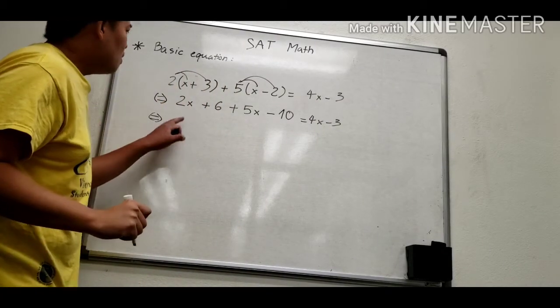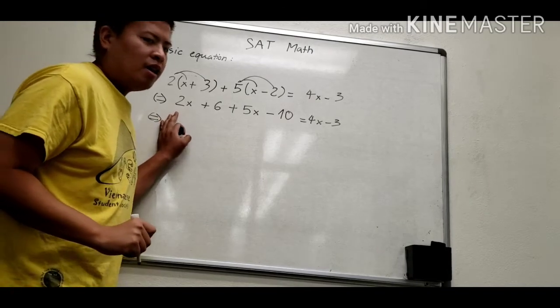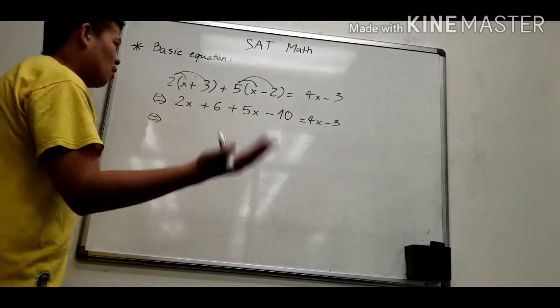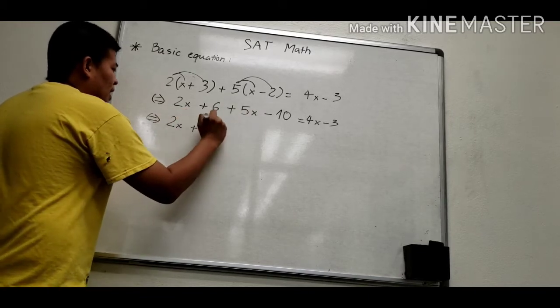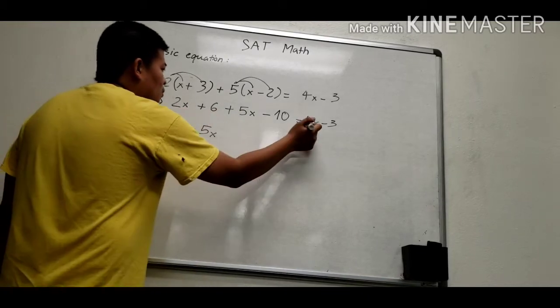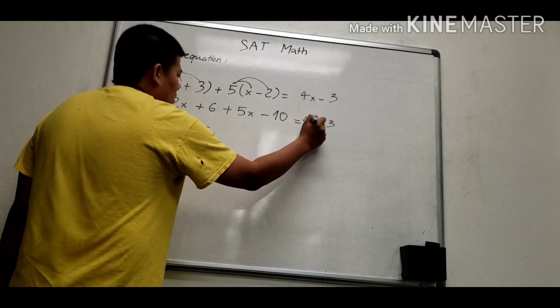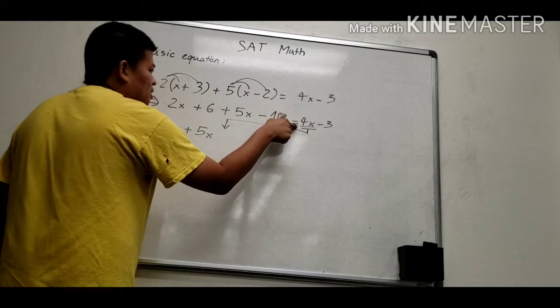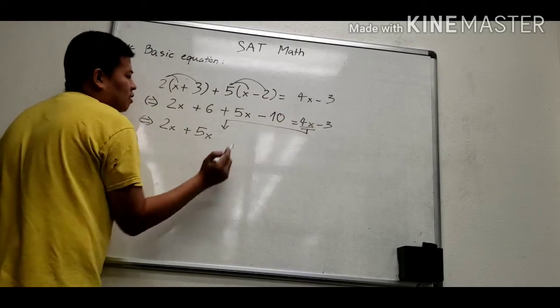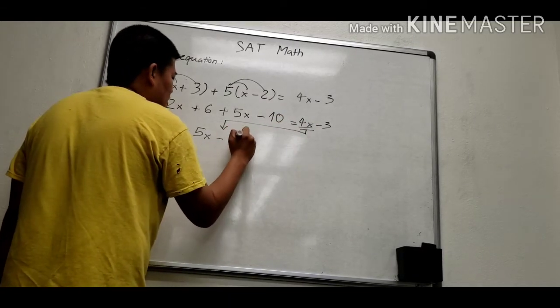In here, we put the s in one area and the number on the right side. So we have 2s plus 5s. But we have the 4s on the right, we move to the left. But this is a positive number in here, so it will change to a negative number.